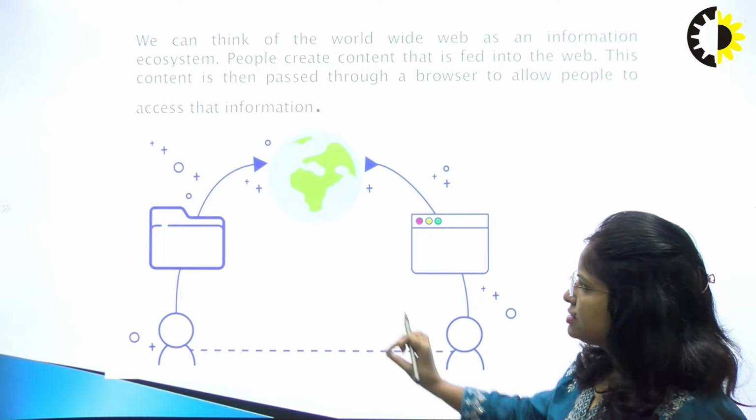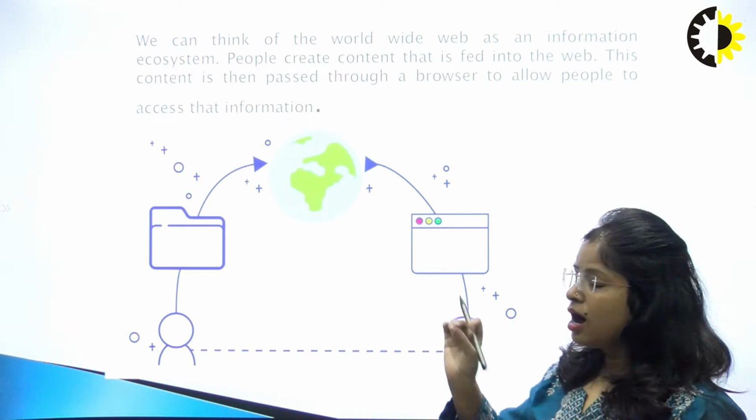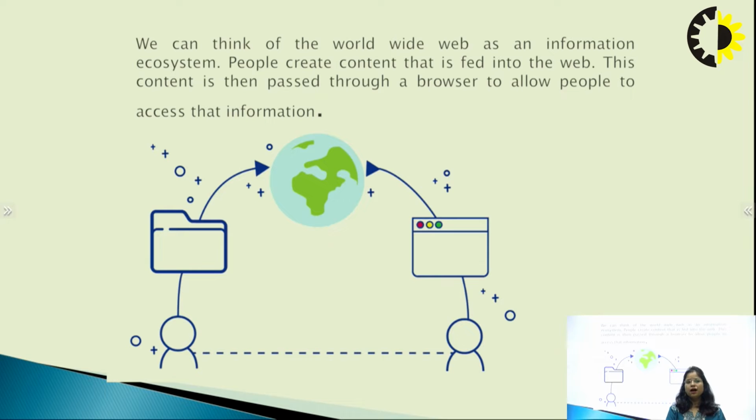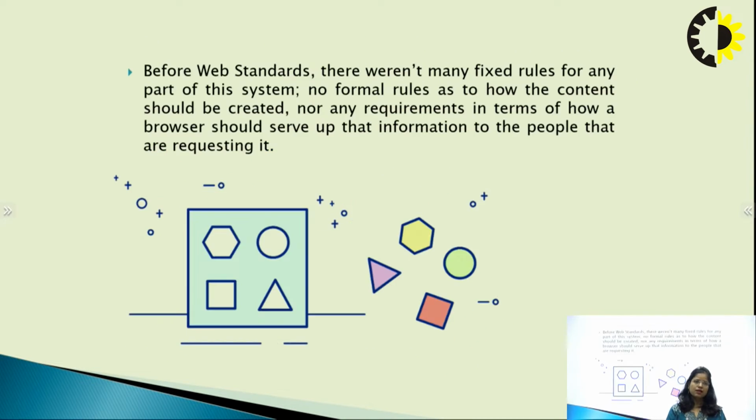So, this is the main phenomenon, how the content is passed to the internet and how another user fetches the information from the internet. Now we have lots of web standards and protocols available, but in the 90s what happened? The situation that we see in this era is not the same as in the 90s. So, what happened at that time?